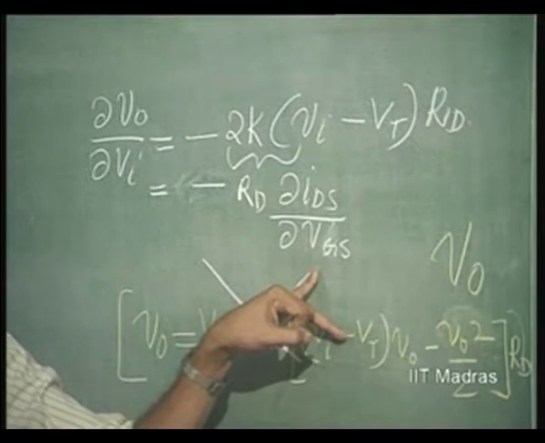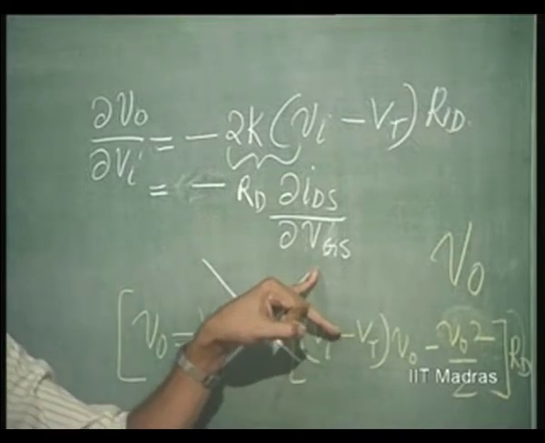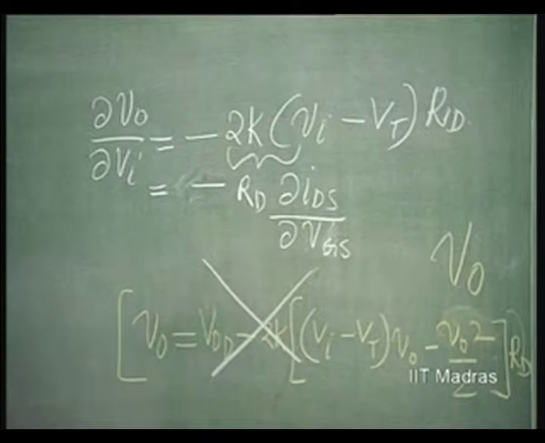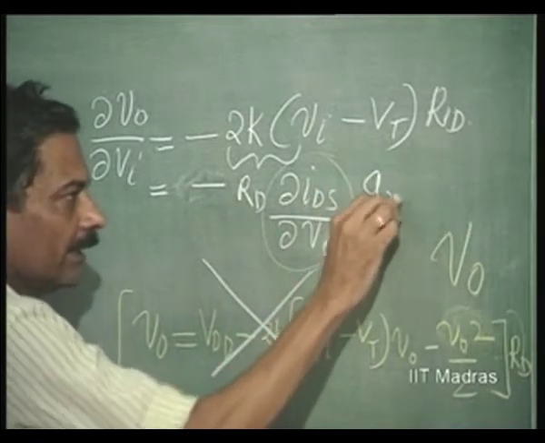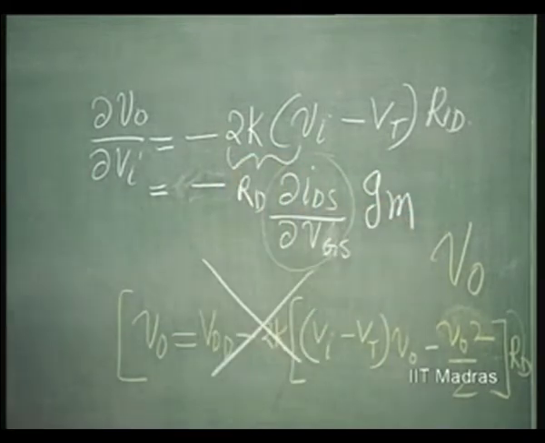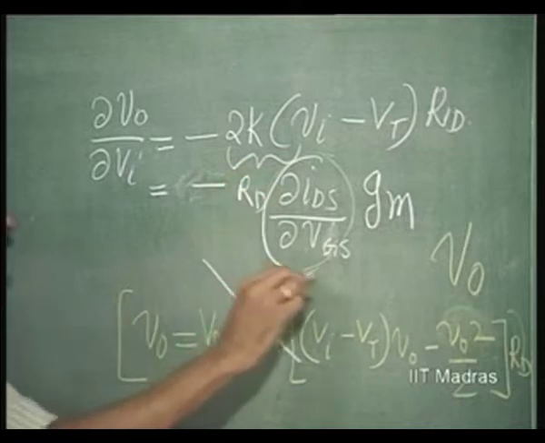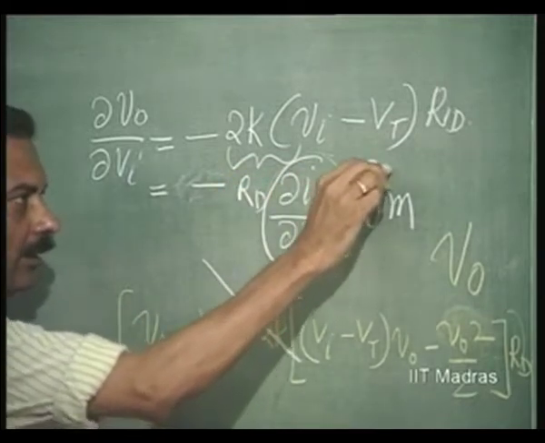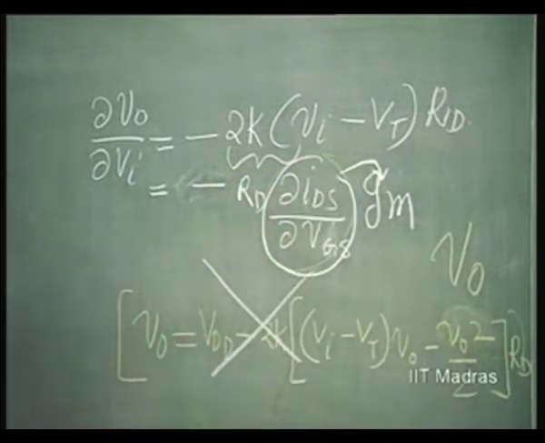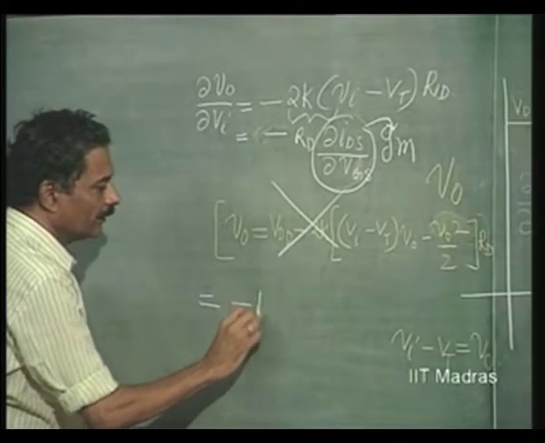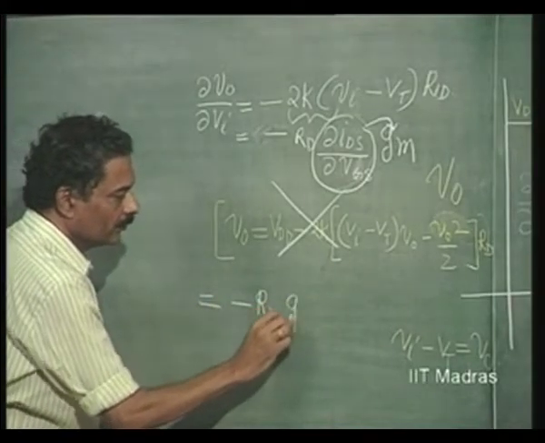For an input voltage variation, what the current variation at the output is. So, this is called the transconductance. This is also indicated by Gm. So, this factor is called transconductance. So, the gain is equal to minus RD into Gm.